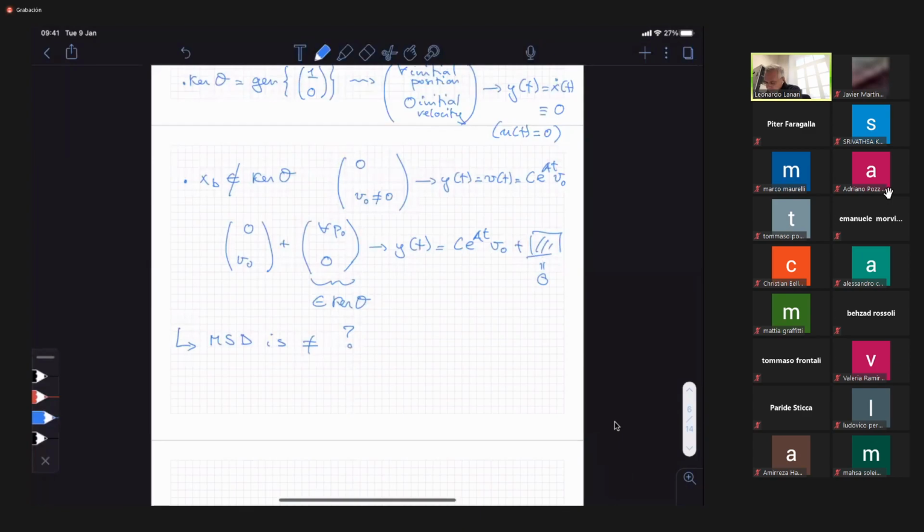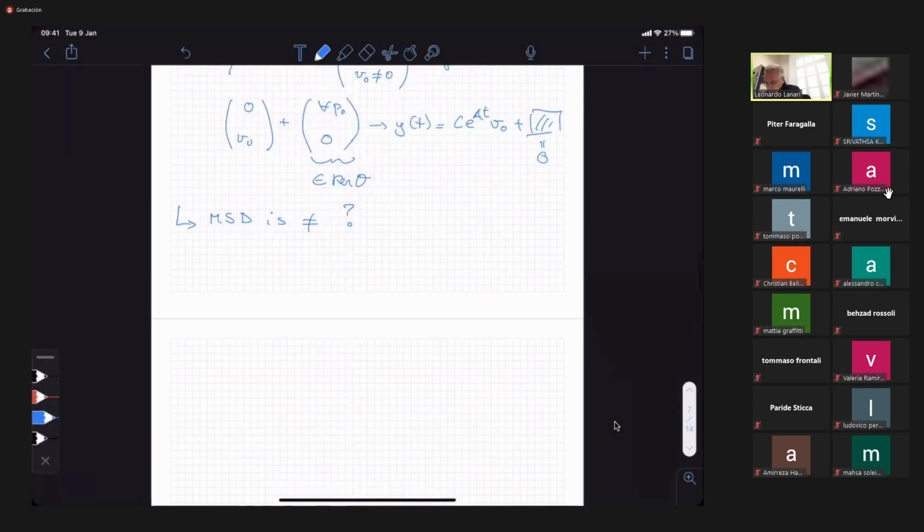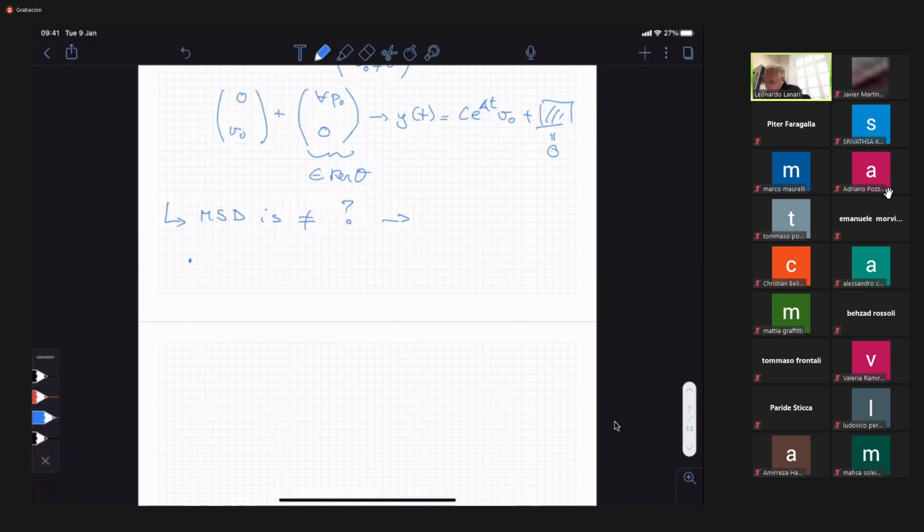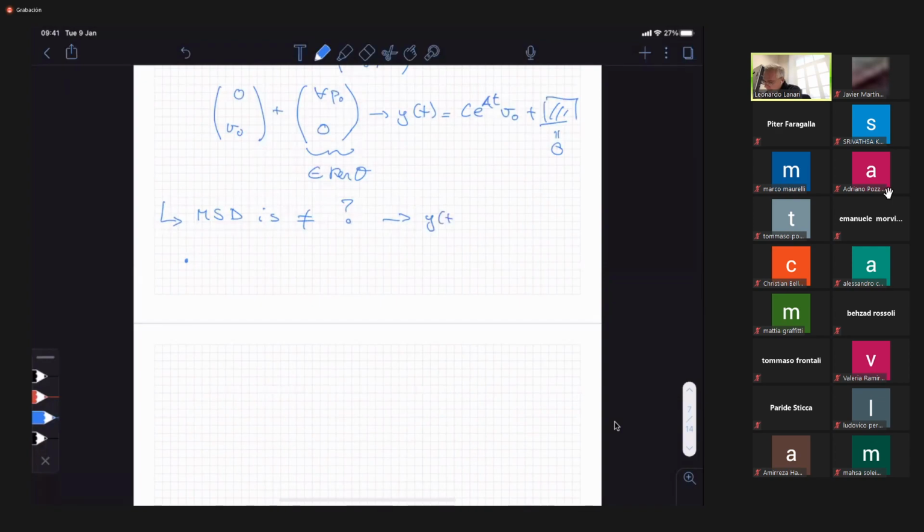Well, there are many ways. When we study the mass spring damper system and we choose, of course, again, the velocity as output, x dot, we are in the same situation as before. Why? What's the physical reason that makes the system observable?